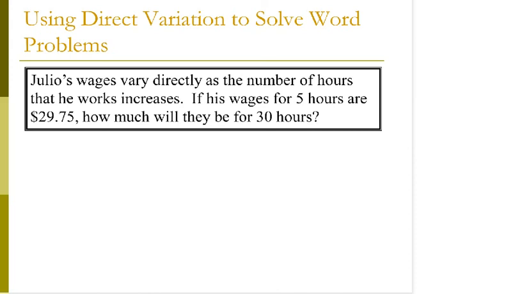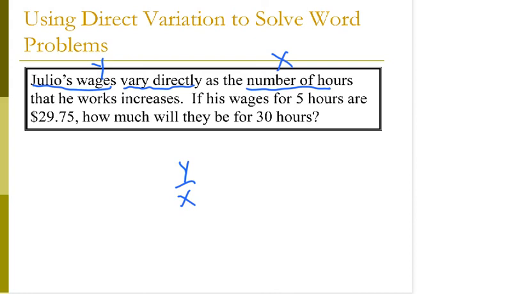His wages, y, are going to depend on the number of hours that he works. So if we were to express this, y would be wages and x is hours. We're going to put those in a ratio.